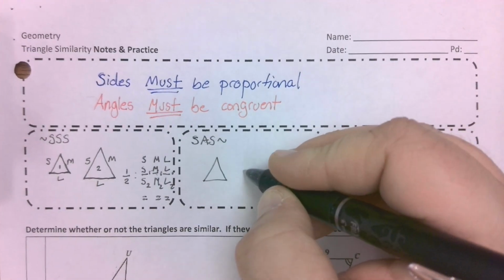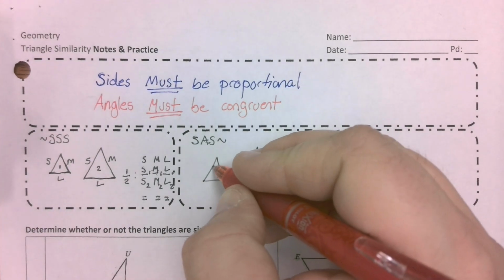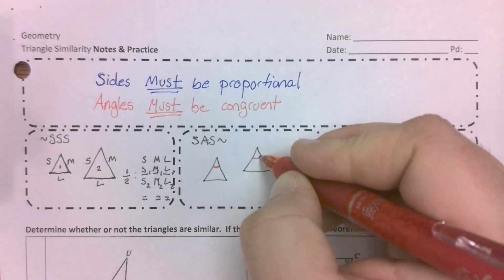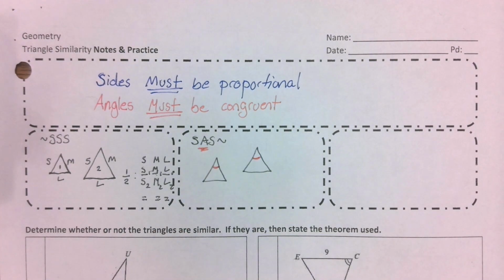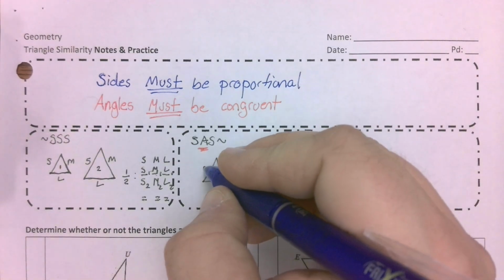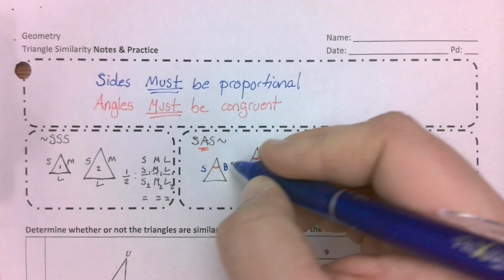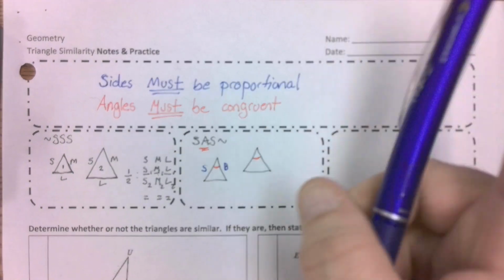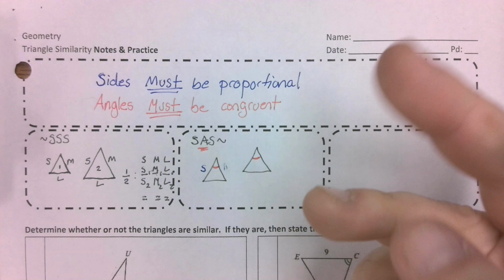Then we have side, angle, side similarity. What that usually will present as is, when you check, you're able to find one angle. Yay, I have an angle that is congruent to the other, and that gives me my angle. And then you also have two sides, a small and a large. Remember, I said big last time, so let's stick with large.